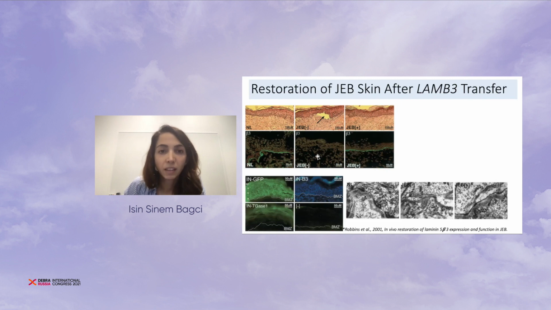On the other hand, junctional EB keratinocytes again, but not treated, formed an epidermis, but this epidermis blistered, could not attach to the dermis, and the cells did not express laminin beta-3.